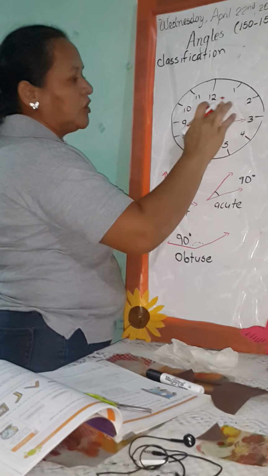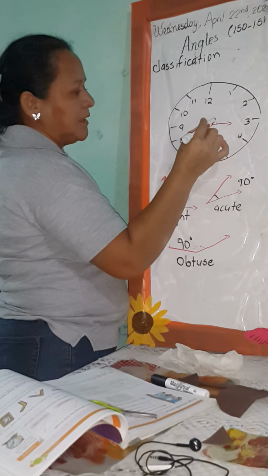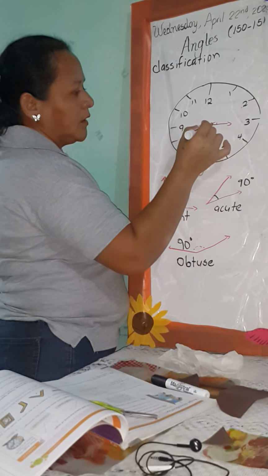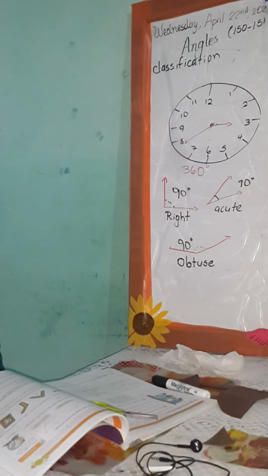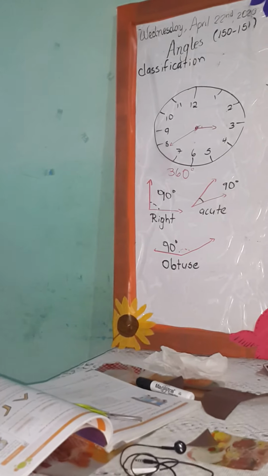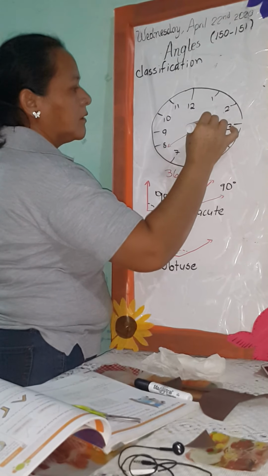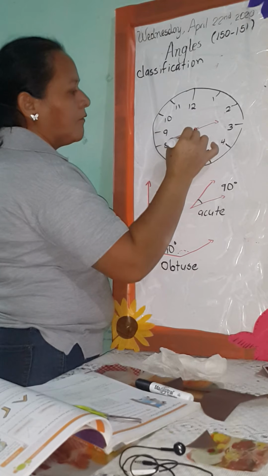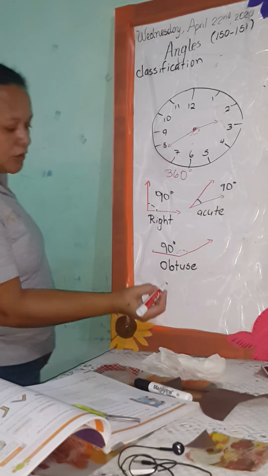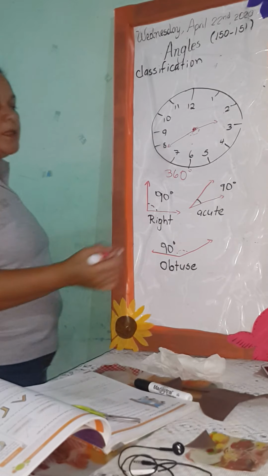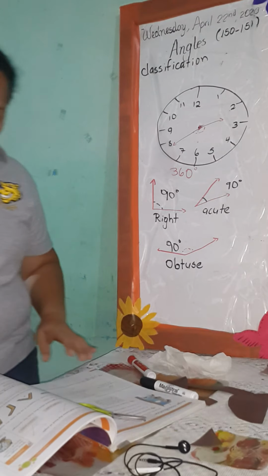But if I change the time, imagine that it's 2:40. What kind of angle do I have here? I have an obtuse angle. So we see the angles in a clock. Okay?